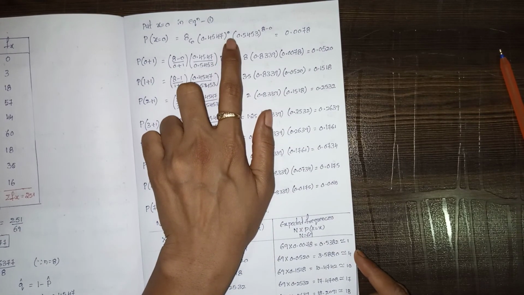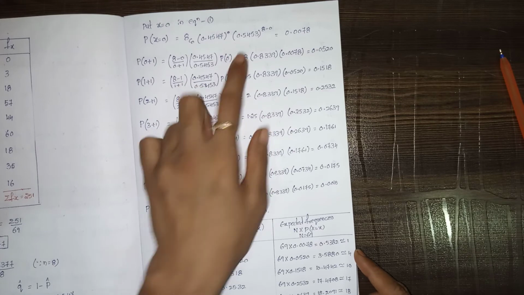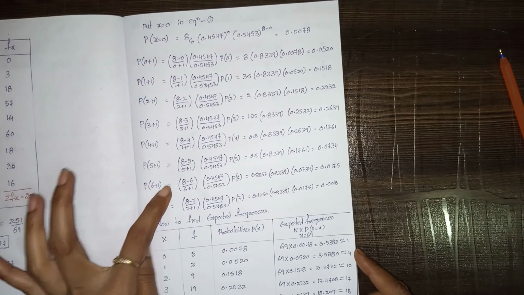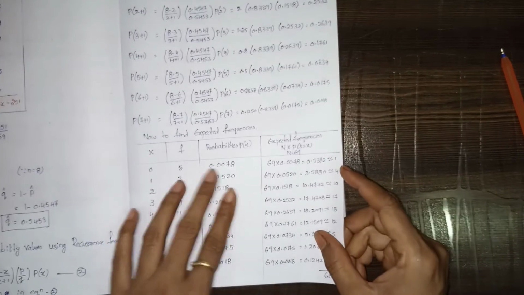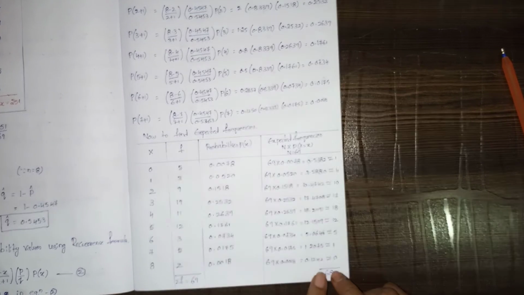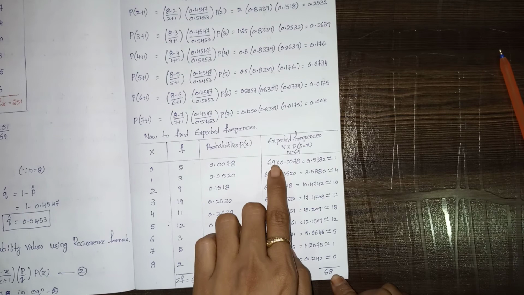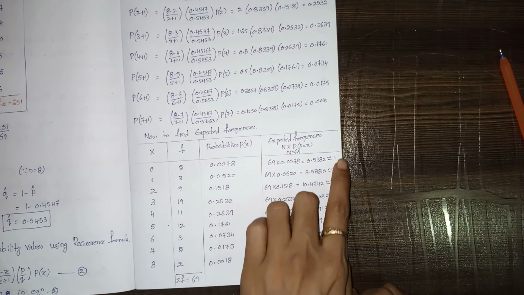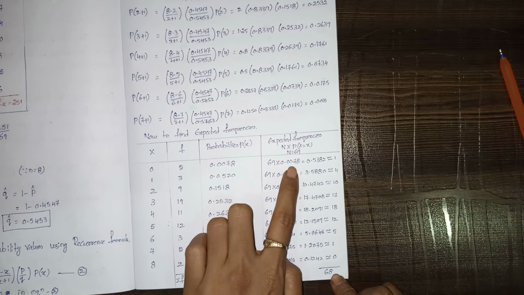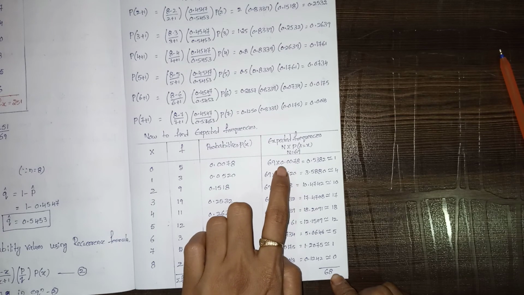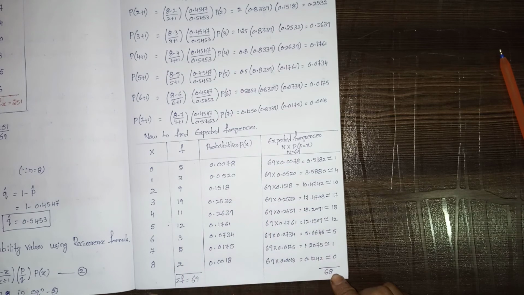We used the direct method. But the other probabilities we calculated by using the recurrence method. So that is the difference. Here we got 69, here we got 68.